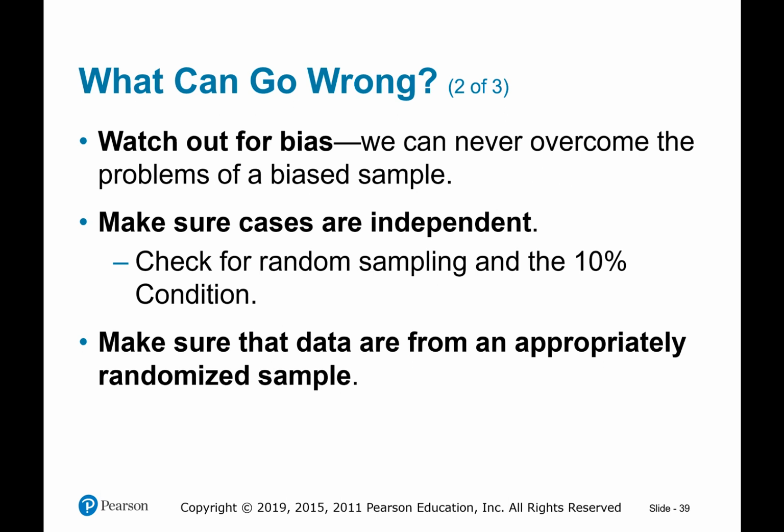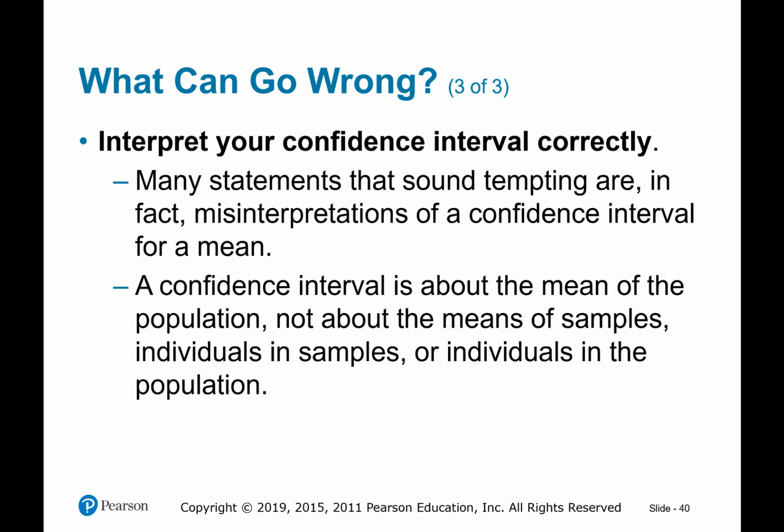Make sure that you're checking conditions. Is it random sampling? Are we taking less than 10% of the population? Again, confidence intervals are tricky. Don't overstate it. It's about the mean of the population, not about the mean of the samples, not about individuals in the samples, not about individuals in the population.